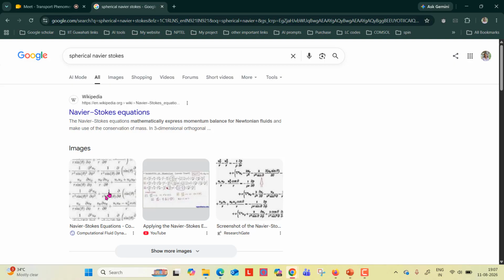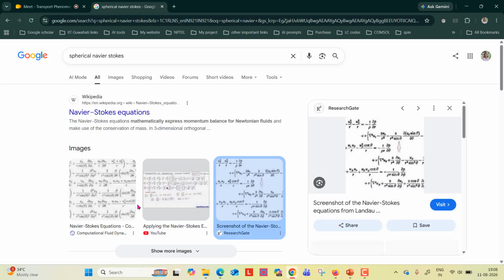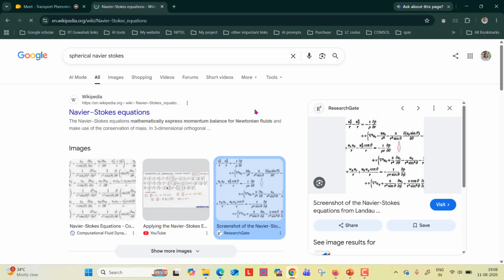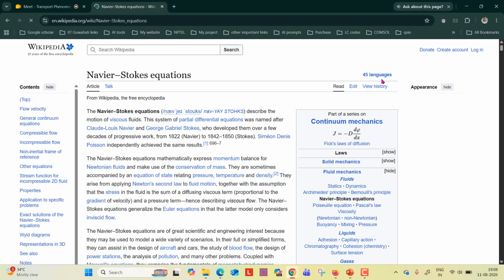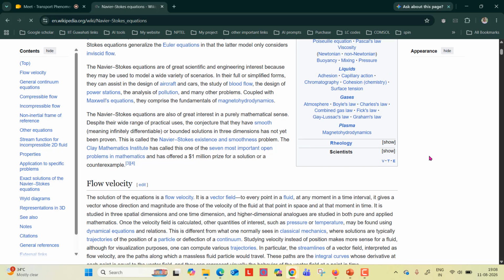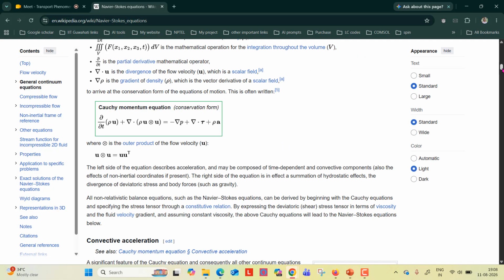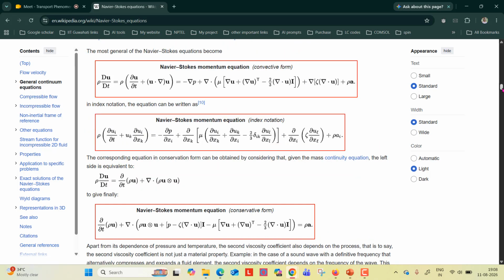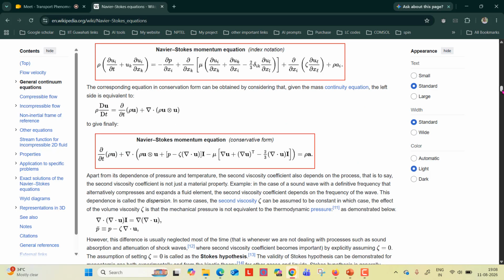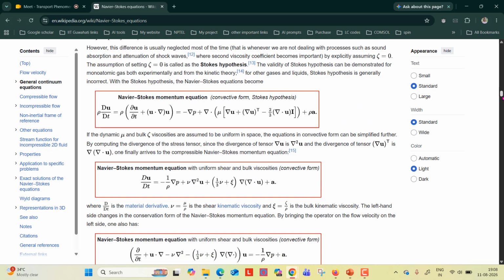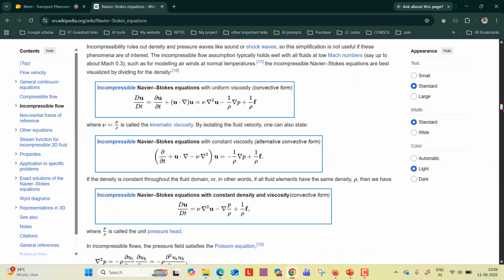Where is it? So if you remember the equation, you can directly write it from there, or else you can find it here.